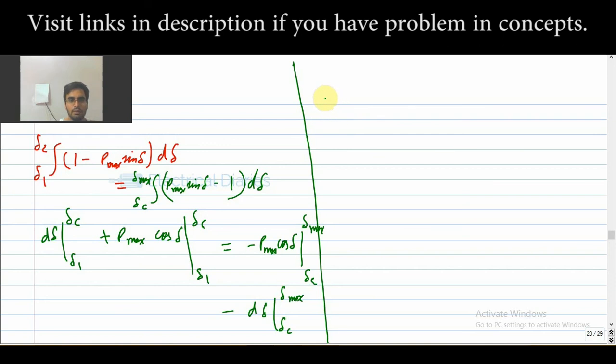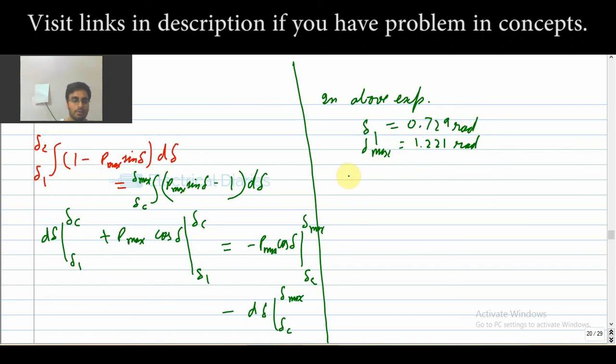In the above expression, your delta 1 we have calculated as 0.729 radians, your delta max is 1.221 radians, and delta C will cancel out.